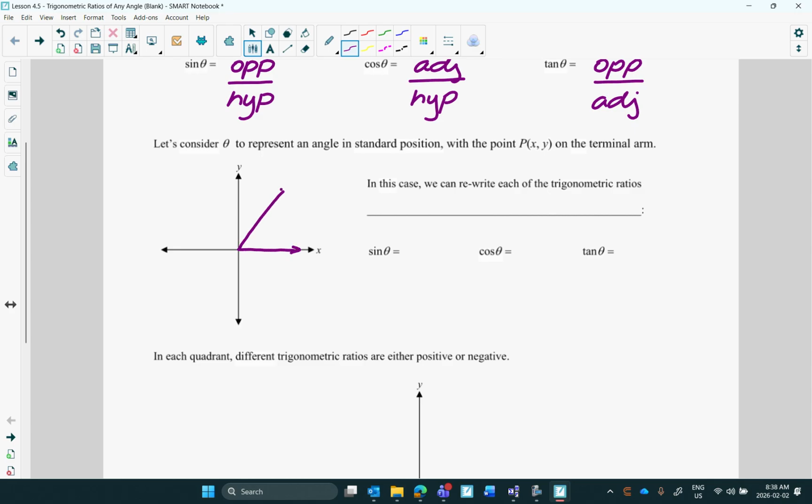If we draw an angle in standard position in quadrant 1, and remember we always refer to the angle as theta, if we put a point on the terminal arm, and we'll just call it capital P, and it's got coordinates x, y, we can create a right triangle by drawing a vertical segment down to the x-axis.